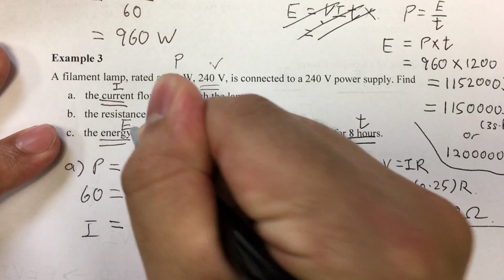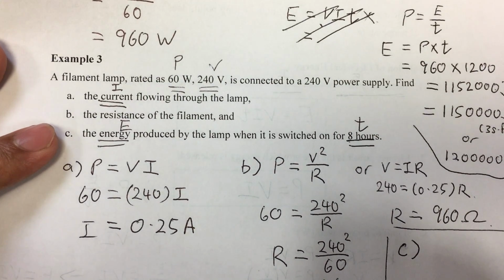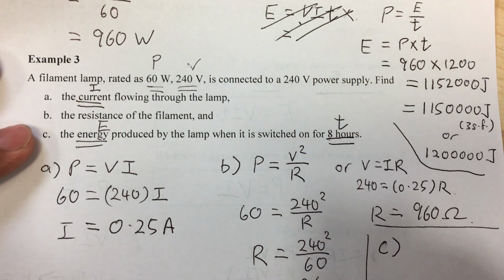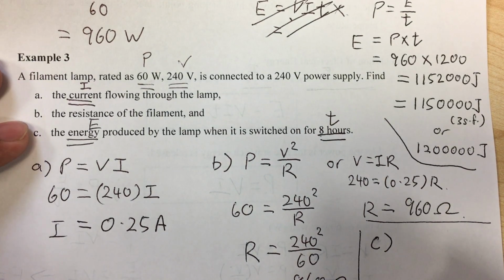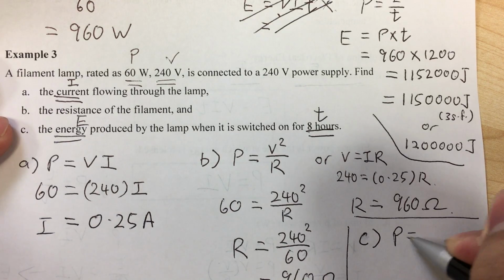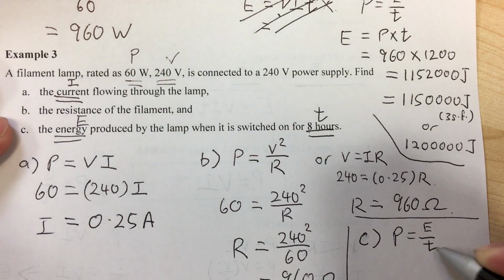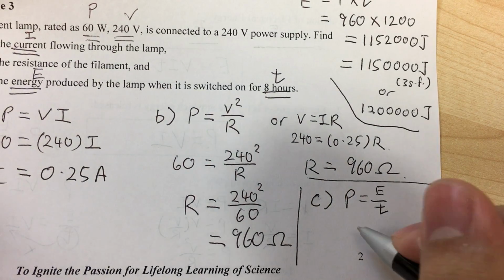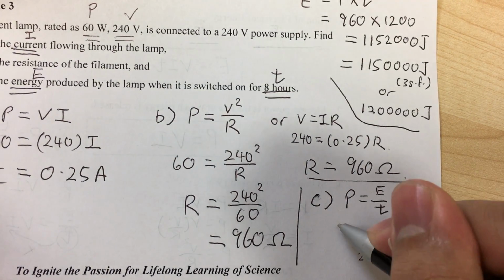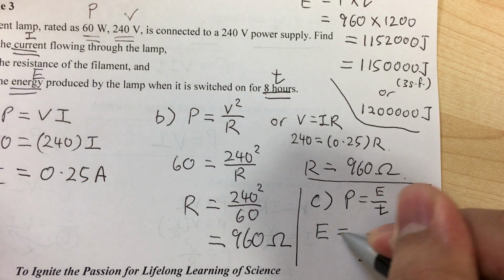I'm looking for the energy. So what do I need to do to find my solution? Most of you will have noticed that power is just energy divided by time. If I use this, I can actually get the solution quite quickly.